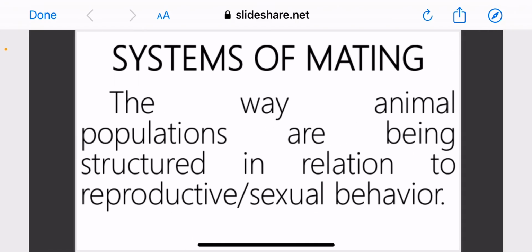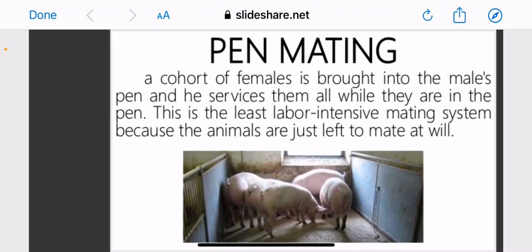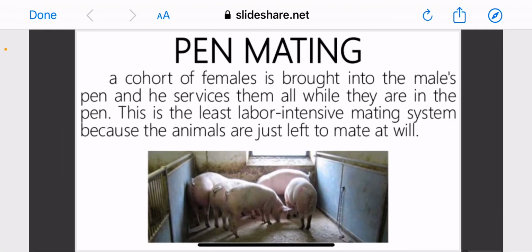So there are ways or systems of mating, the way animal populations are structured in relation to reproductive or sexual behavior. And we have the so-called pen mating. A cohort of females is brought into the male's pen and he services them all while they are in the pen. This is the least labor-intensive mating system because the animals are just left to mate at will.